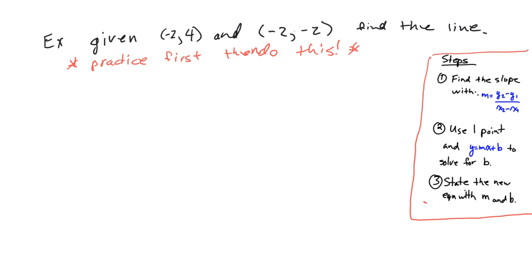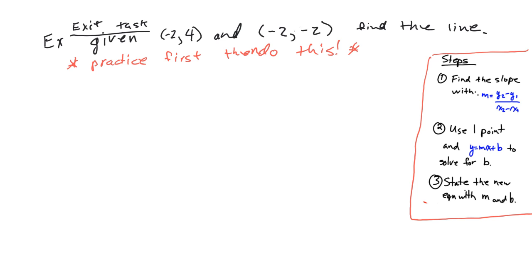So for your work, what I'd like you to do is I'd like you to do this as an exit task. Okay? So this is going to be an exit task when you're done all of the work for this section. So you got to be able to do this, right?